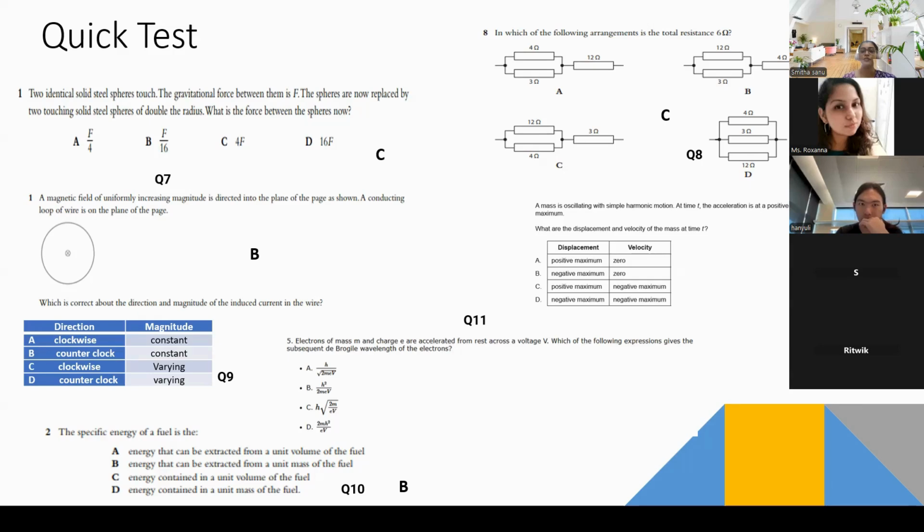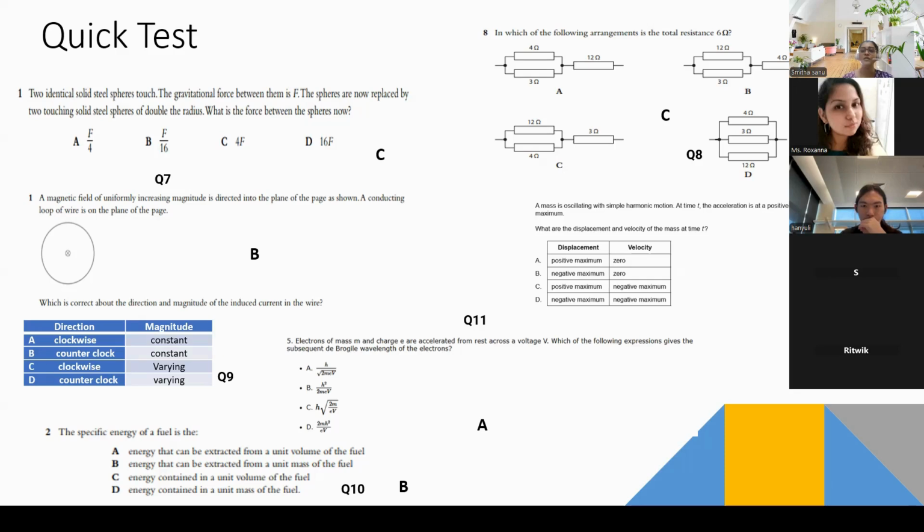If you're an HL student, you have to apply lambda is h by p. How can you write momentum in terms of kinetic energy? Write kinetic energy in terms of momentum, and replace p. Instead of p, you have to write it in terms of energy. Okay, your answer is A. Lambda is equal to h over square root of 2 m e.